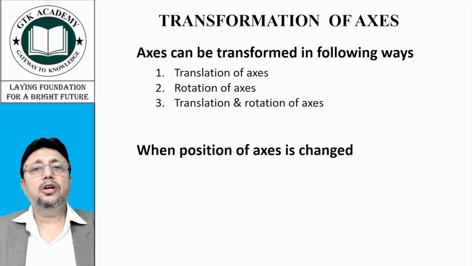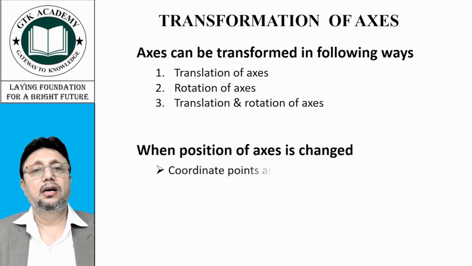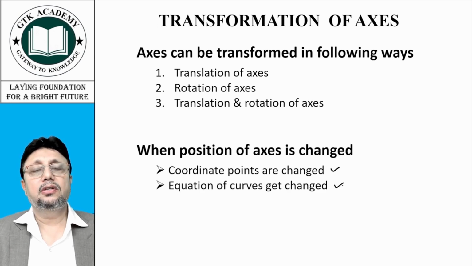Now, when the position of axes is changed, that means when transformation happens, what happens after that? Logically, the coordinates of the point will be changed. This is the first thing. Then the equations of the curves also get changed.